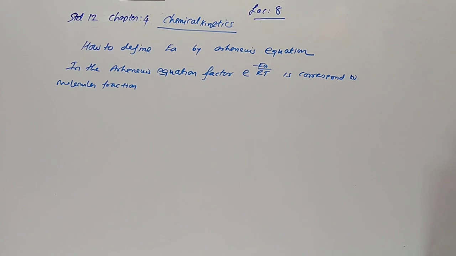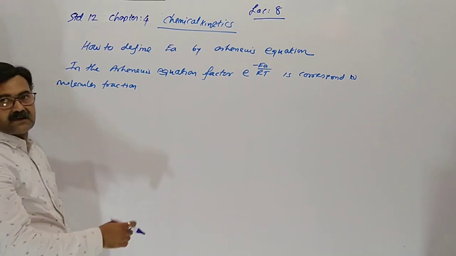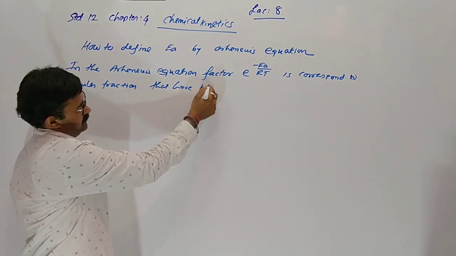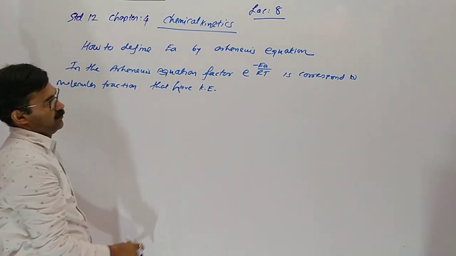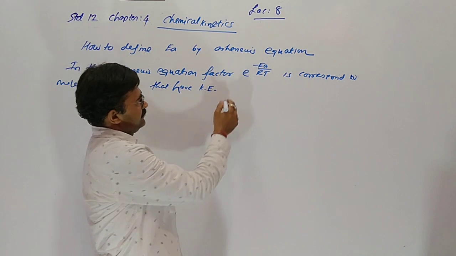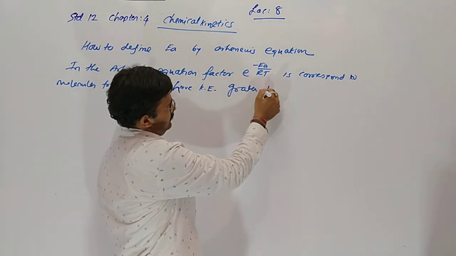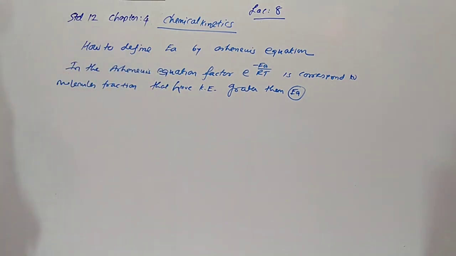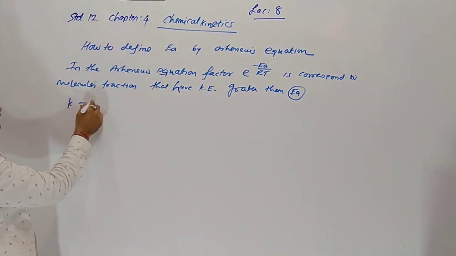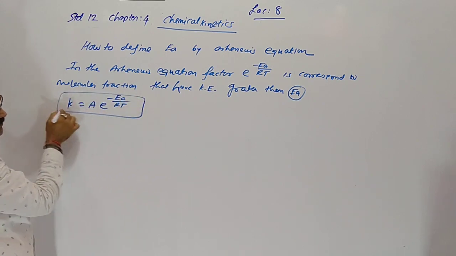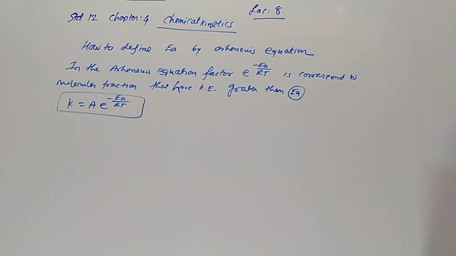Taking the logarithm on both sides, the molecules that have kinetic energy greater than Ea. So our Arrhenius equation is like this: k is equal to A e raised to minus Ea upon RT.